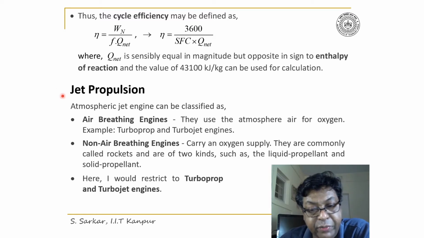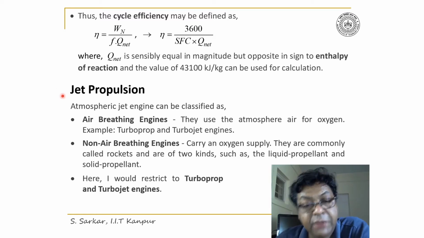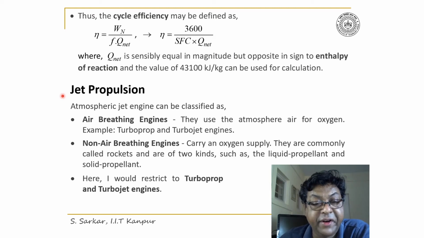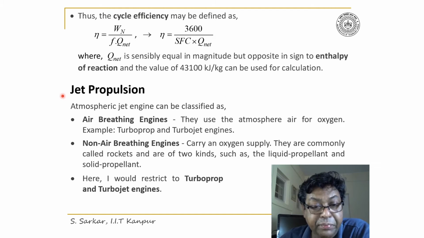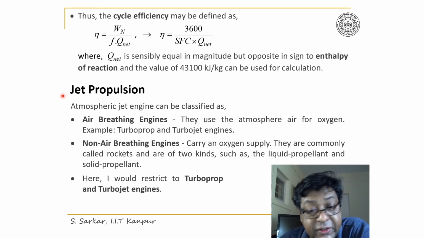Now I'll discuss jet propulsion. Atmospheric jet engines can be classified as air-breathing engines and non-air-breathing engines. Air-breathing engines use atmospheric air for oxygen. Examples are turboprop and turbojet engines. Non-air-breathing engines carry their own oxygen supply.